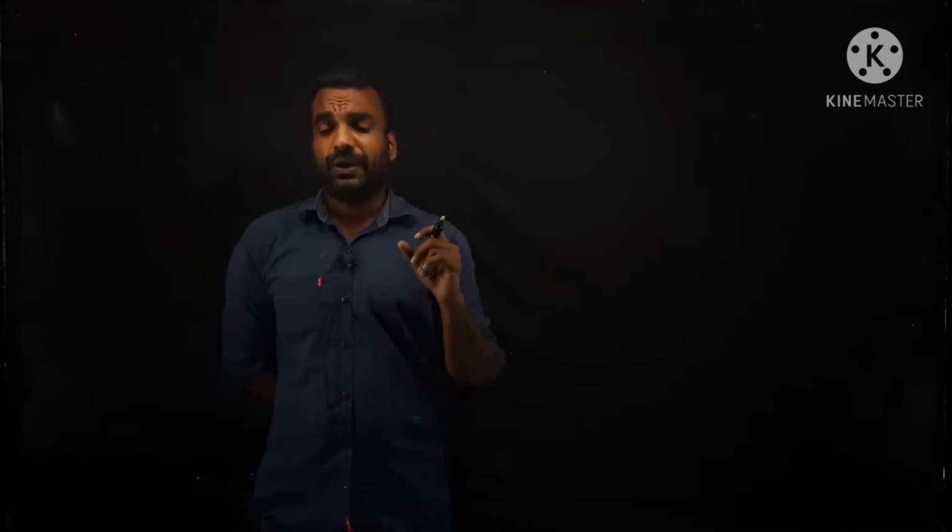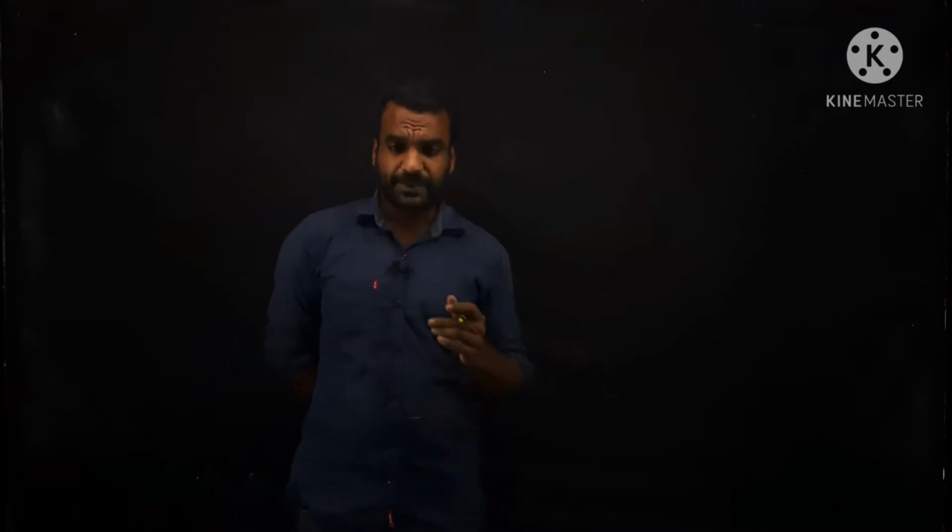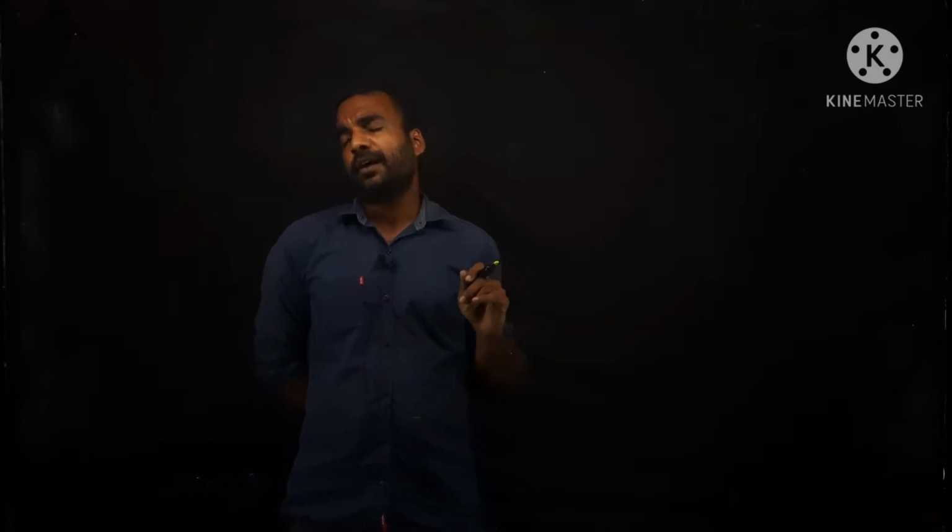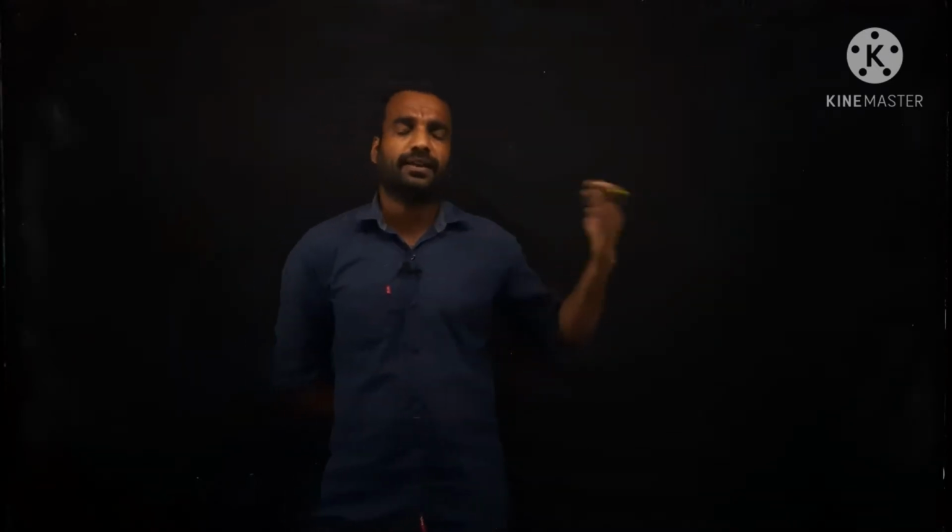So, in today's class, we are discussing something that we didn't discuss in the last derivation of Z parameters, because after just the basic derivation, we directly moved to some simple numerical problems.